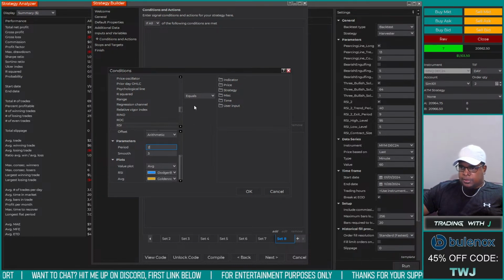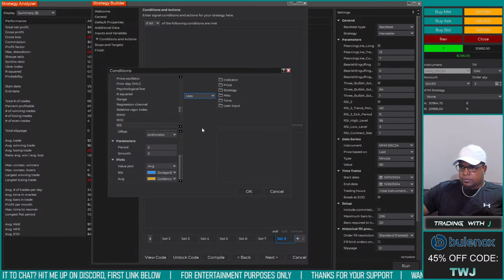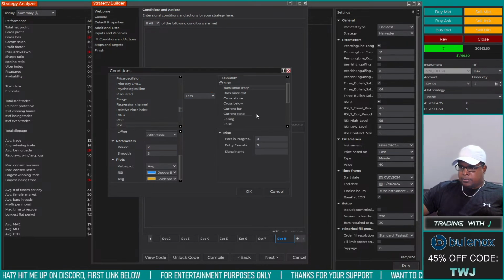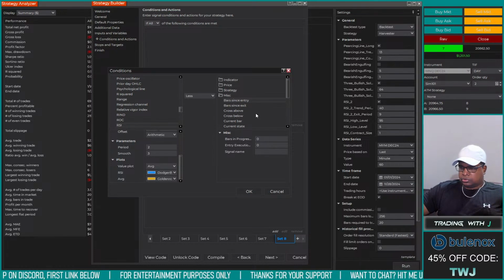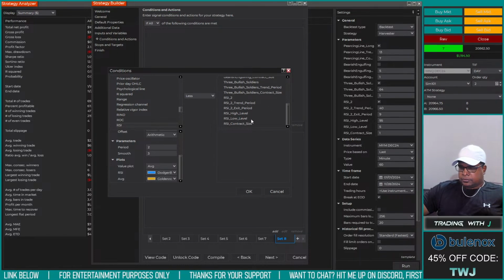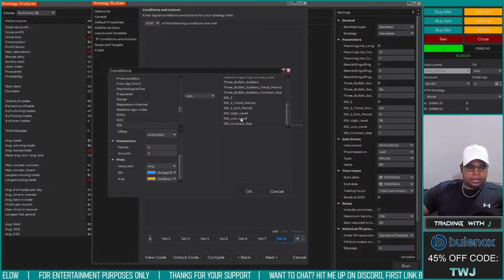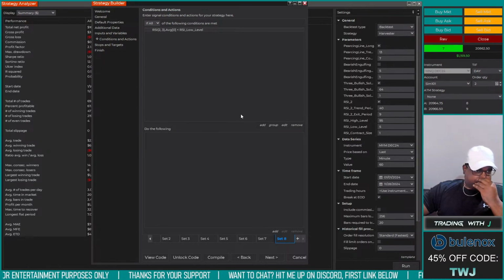The RSI 2 to be less than a miscellaneous low level. I guess that should work.